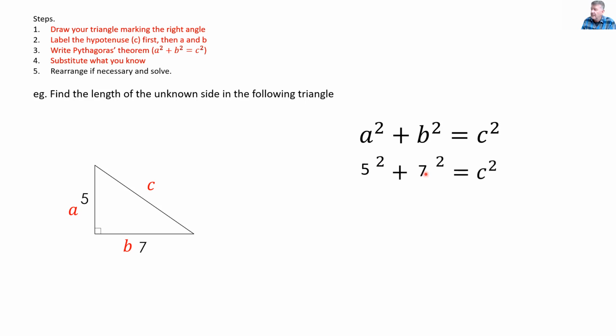And that's 7 squared. And we're going to work out what C squared is. Next step, rearrange if necessary and solve. So no rearranging yet, but we can work out what 5 squared is. 5 squared is, of course, 25. Then we're going to add 7 squared, which is 49. And that equals C squared.